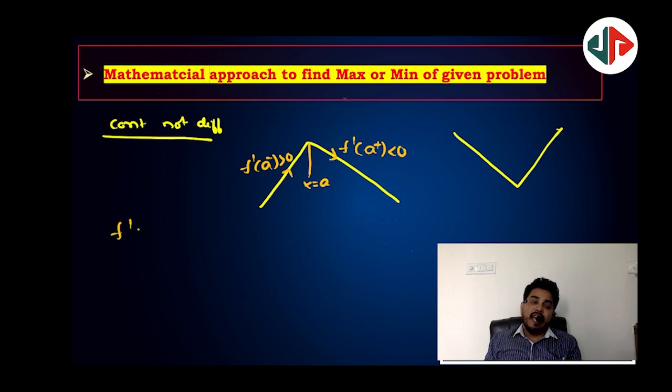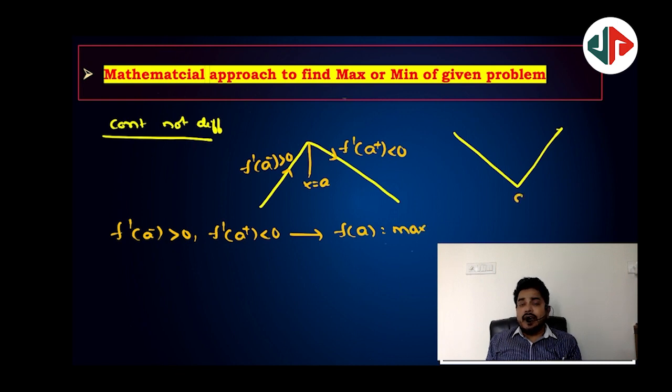So the function is increasing then decreasing, then f of a is maximum. Here, on the left side the function is decreasing, so f dash of a minus is negative, and on the right side it is increasing, f dash of a plus is positive.